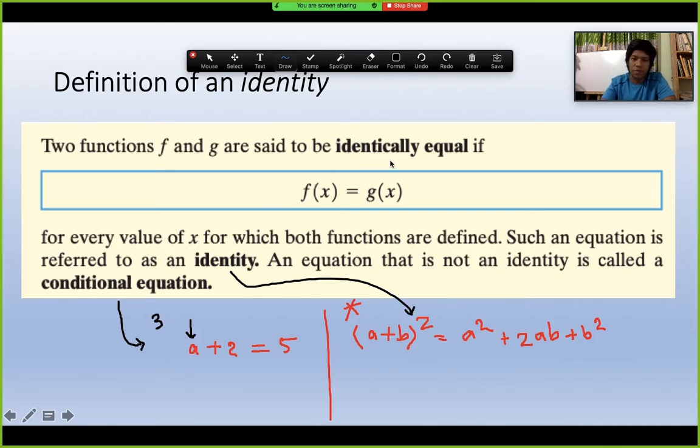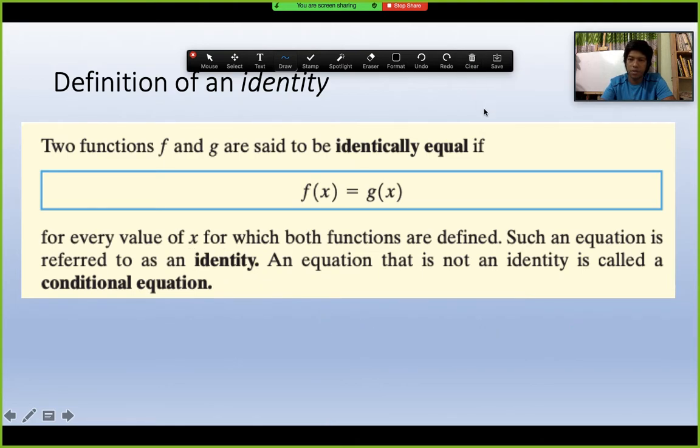This is the formal definition of identity. For every value of x for which both functions are defined, if you write it one way and we can write it another way. An equation that is not identity is called conditional equation. So this is just like an example. This is another example. Let's look at some more examples here.